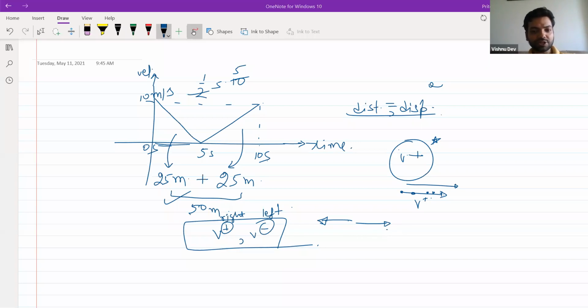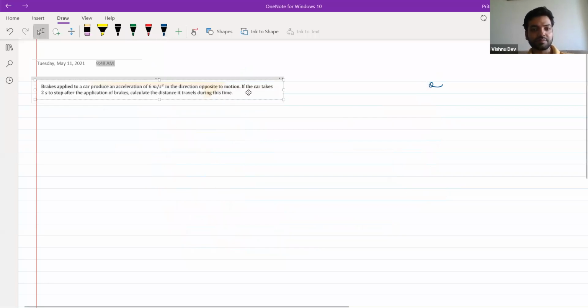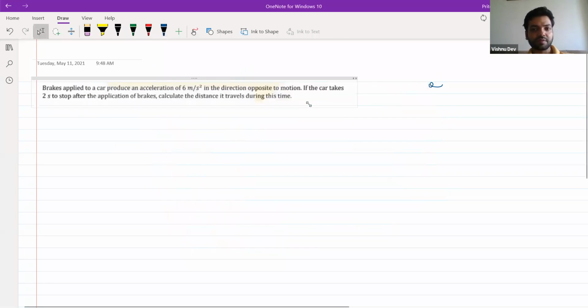Now some questions we will do based on the equations of motion, which you have already covered. Here we go with the question. Okay, Shivansh.